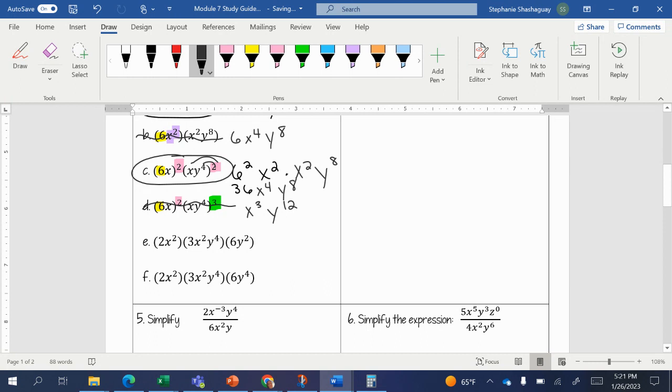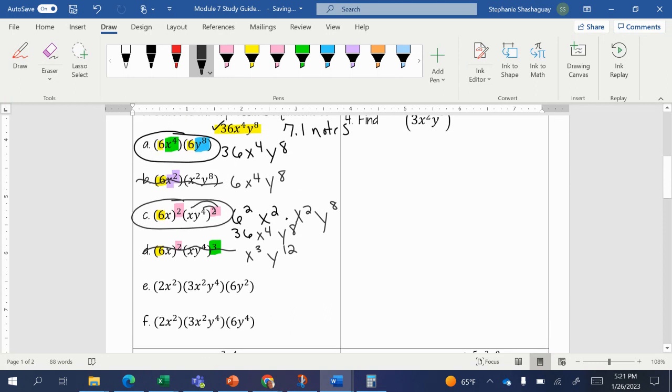All right, now we're looking at E and F, okay? So E, what we're going to do is take all of our coefficients and do 2 times 3 times 6. Well, 2 times 3 is 6, 6 times 6 is 36. Then we're going to have x squared times x squared, which is equal to x to the 4th, because we add those exponents.